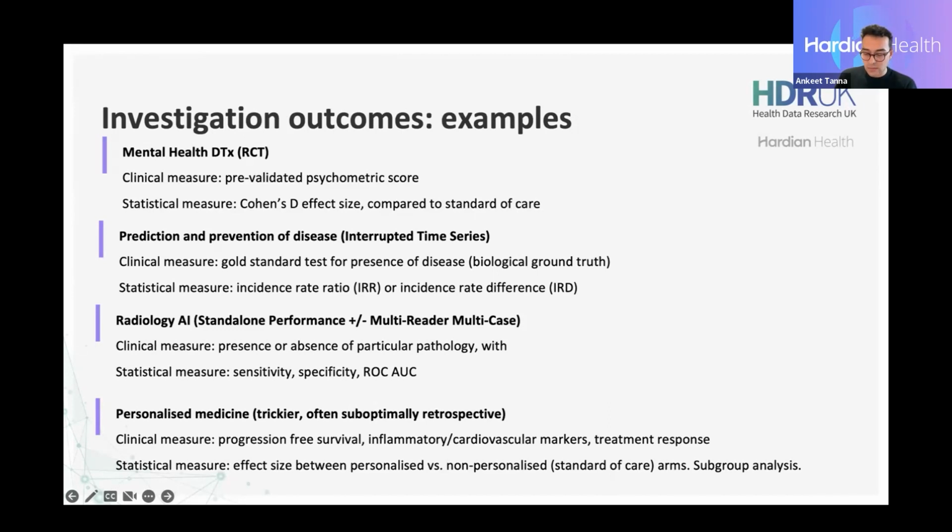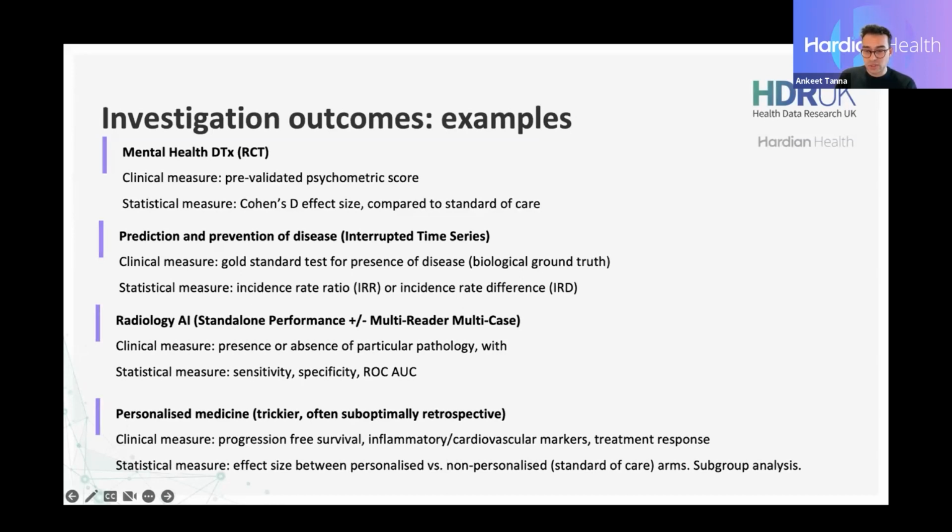And if you're doing that, then you'd need to prove that the AI-assisted radiologist or healthcare professional performs better than a standalone radiologist or healthcare professional. And for that, you need what's called a multi-reader, multi-case study design. And so this kind of study design applies not just in radiology, but in any instance where you're claiming improvement in AI-assisted healthcare professional performance.